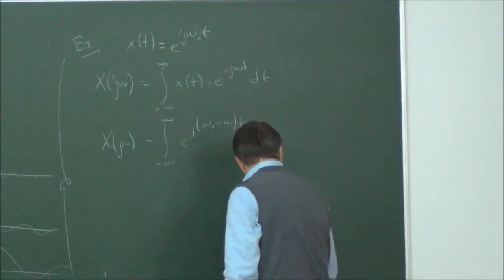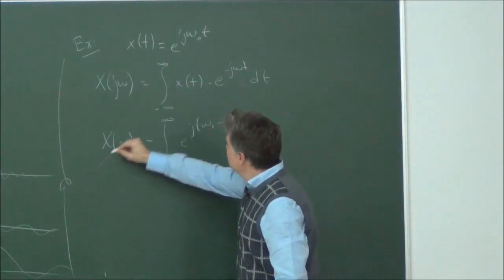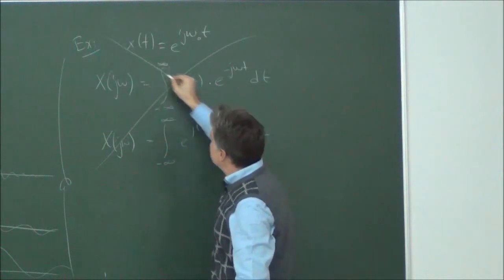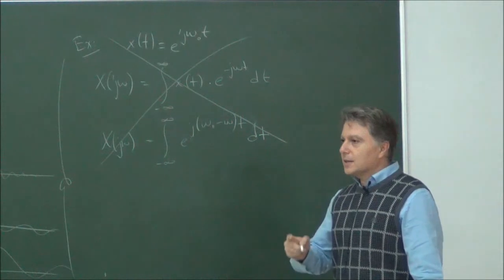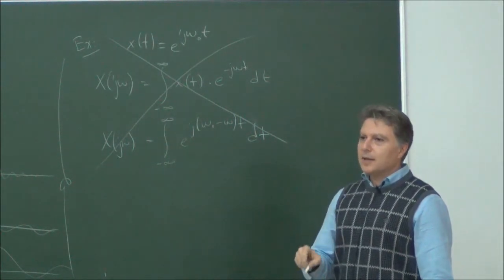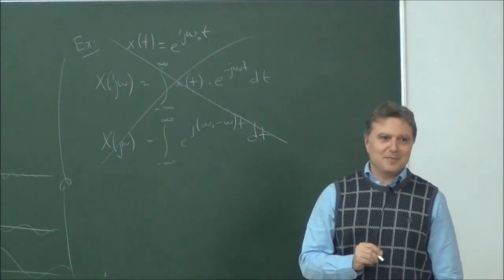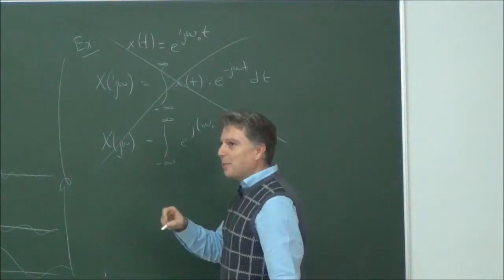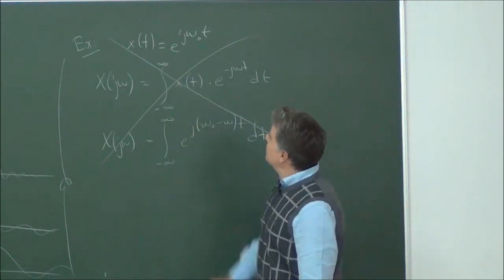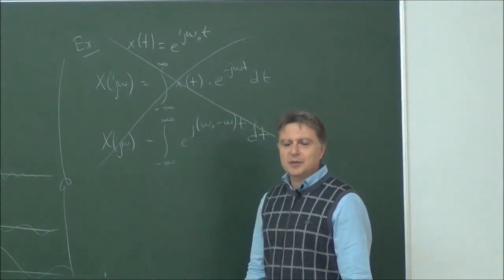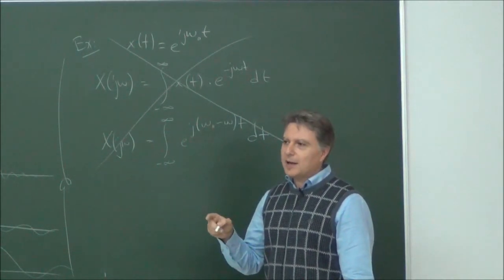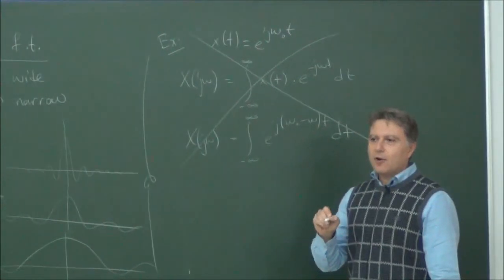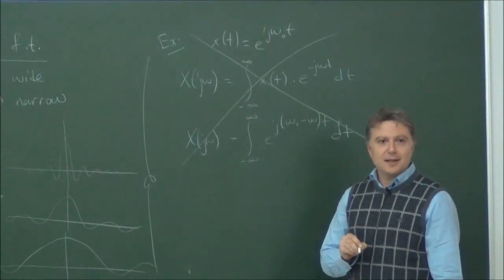So what we're going to do is, we're not going to evaluate it like this. Why? Because in the formulation of the problem, there was a problem. Problematic problem. x of t is equal to e to the j omega 0 t. What is it? It's a periodic signal. And I'm tricking you by asking the Fourier transform of a periodic signal.